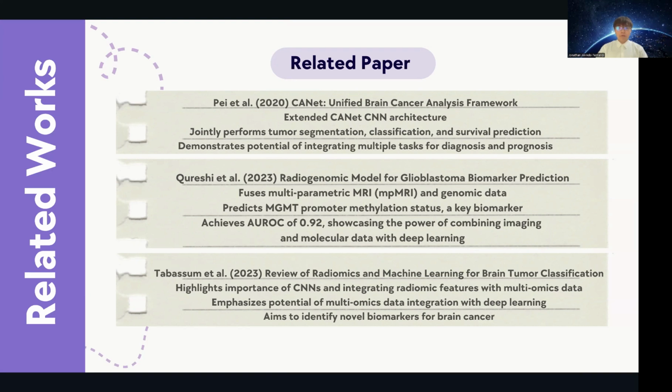Tabassum et al. reviewed the importance of integrating radiomics with multi-omics data to identify novel biomarkers using methods such as CNN. These works demonstrate the potential of combining bioinformatics and deep learning of CNN for brain cancer diagnosis and prognosis.